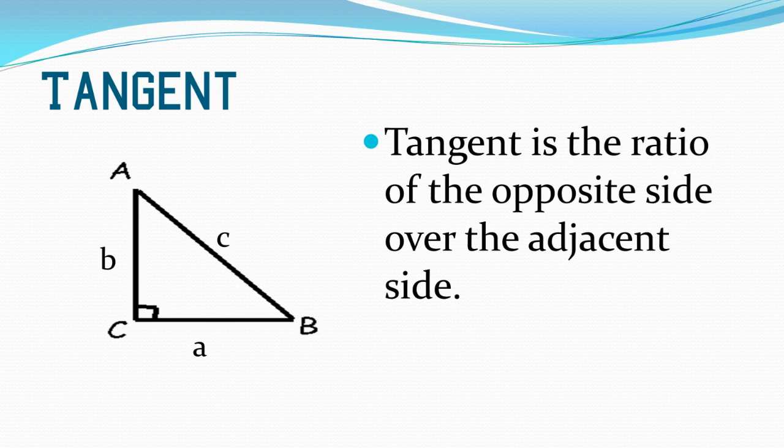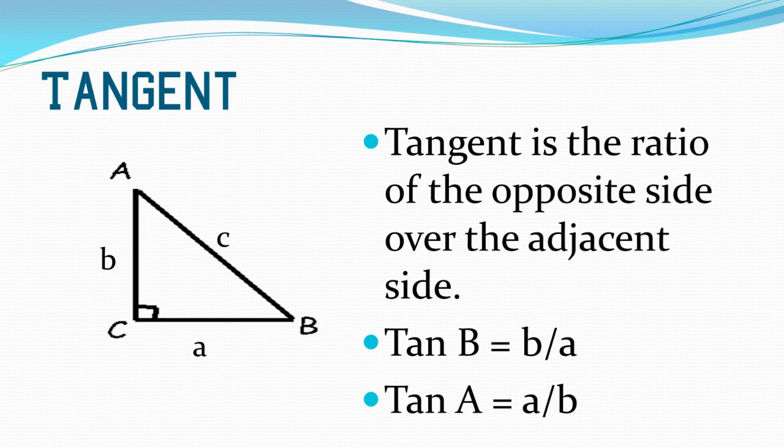If I'm looking at angle B, to find the tangent of it, I would take side B, which is opposite, it's not touching the angle, and adjacent, which is side A. That's how I get tangent of B equals B divided by A. For tangent of angle A, the opposite side from angle A is side A. It's the side that the angle is not touching. The adjacent side to angle A is side B. It is the side that angle A is touching that's not the hypotenuse.